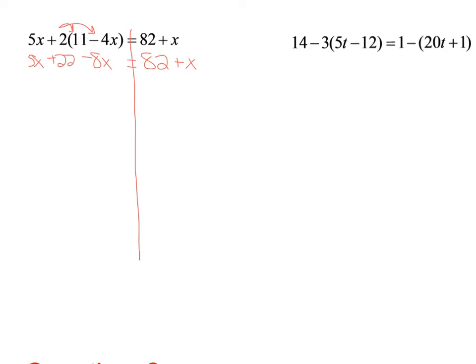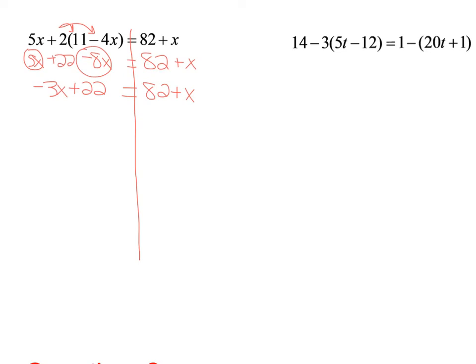Then I look at the left again. It is still not simplified. I can combine the 5x and the negative 8x. So I get negative 3x plus 22 equals 82 plus x. Once I get both sides completely simplified, then I'm ready to move a variable.